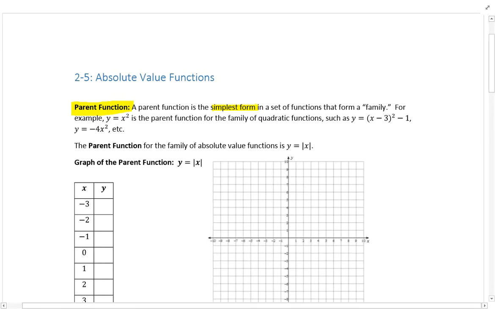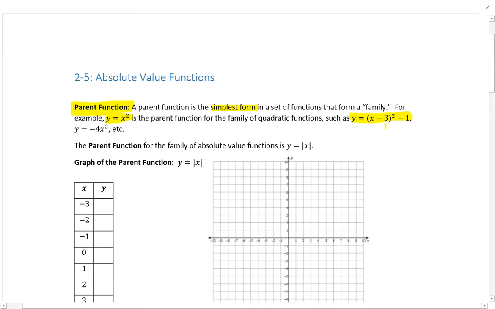For example, if we take the family of quadratic functions, then y equals x squared is the simplest quadratic function, so it's a parent function. Other quadratic functions in the family, using those different transformations such as h, k, and a, we can get things like y equals (x minus 3) squared minus 1.